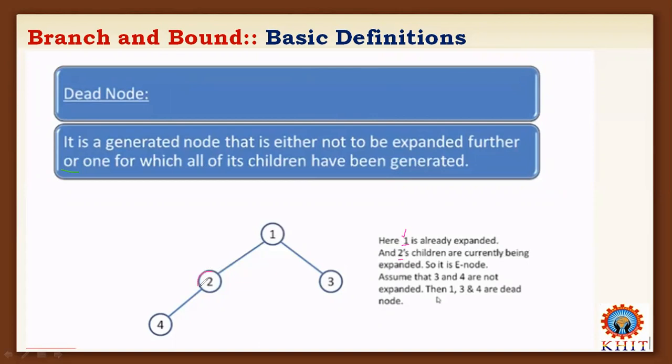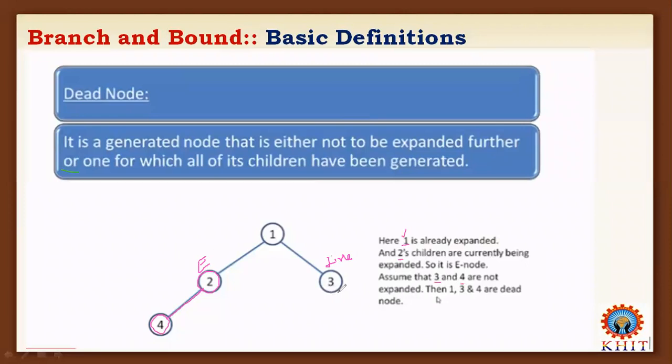Node 2 is considered as the E-node, and its children are expanded further. So node 2 is considered as the E-node. Node 3 is considered as a live node. It is called a live node. Okay. And we can assume that node 3 and node 4 are not expanded.